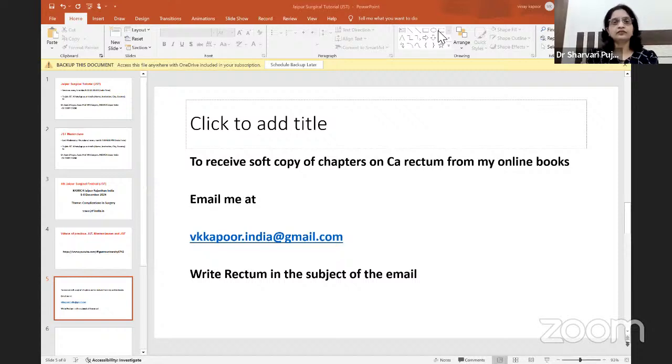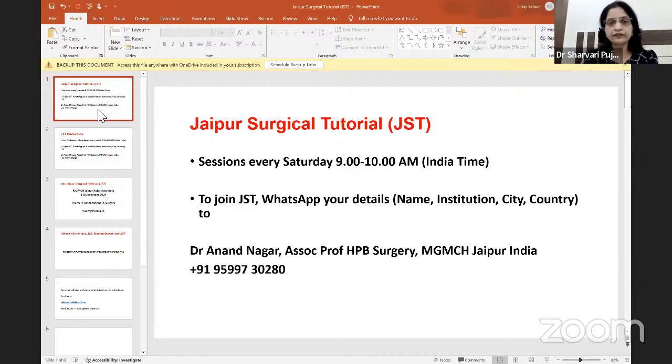Yes, the basic principle for total mesorectal excision is that we have to identify the visceral fascia or the fascia propria, and it has to come along with the mesorectum, and our plane should be behind that. Then only we will enter, as we discussed just now, into the holy plane of Heald, where there will be no neurovascular structures. Another important thing is that we don't have to breach the fascia which lies behind that, because it is the presacral fascia, and behind the presacral fascia will be the neurovascular bundle.